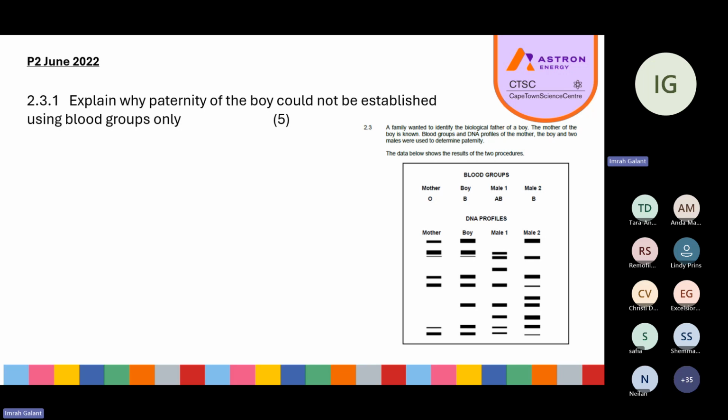So the mother is blood group O. Her genotype is two small i's because she has blood group O. The boy has blood group B. So he is obviously blood group B, and his other allele would be the recessive O allele, because he inherited this recessive allele from the mother.